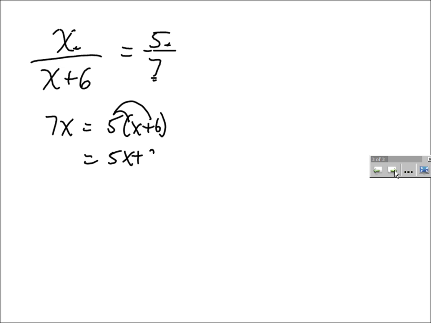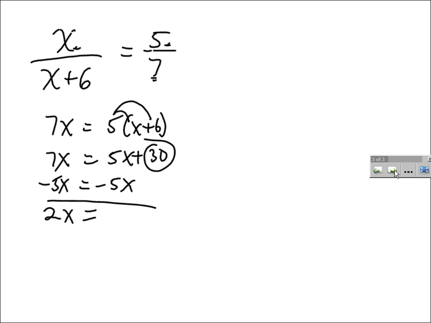You have 5x plus 30 is 7x. Well, that must be 2x's. This 5x plus 2x really equals 7x. You want to take away 5x from both sides, go for it. But either way, 2x is 30 and x is 15.